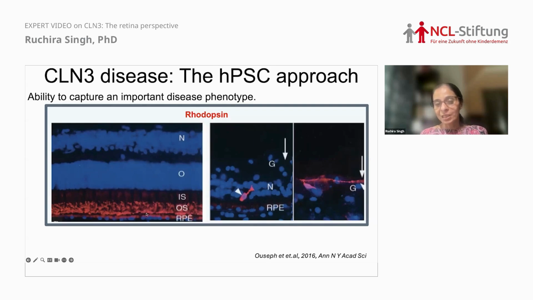And although the RPE is still there intact, it would be very difficult in vivo to figure out that an RPE dysfunction is promoting photoreceptor degeneration and photoreceptor outer segment loss. But the organoid model is a powerful technology to be able to answer this question.